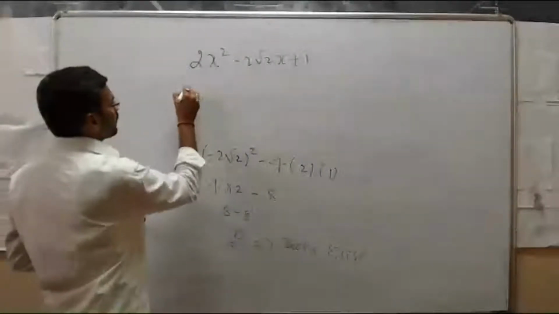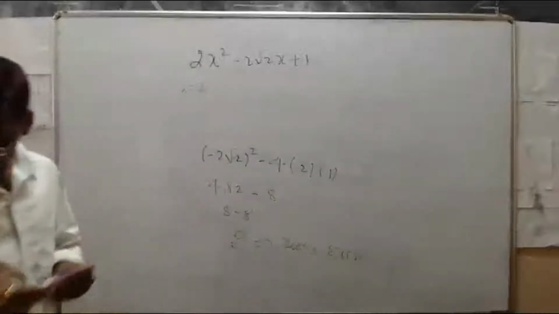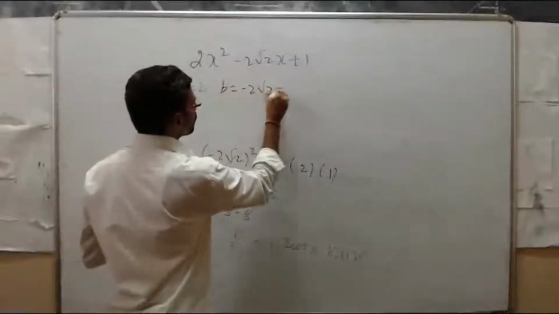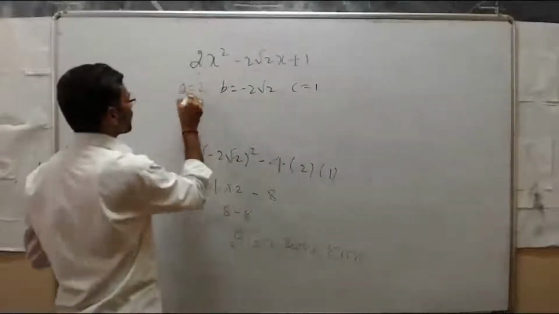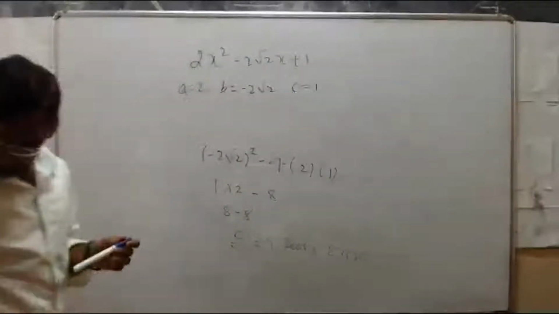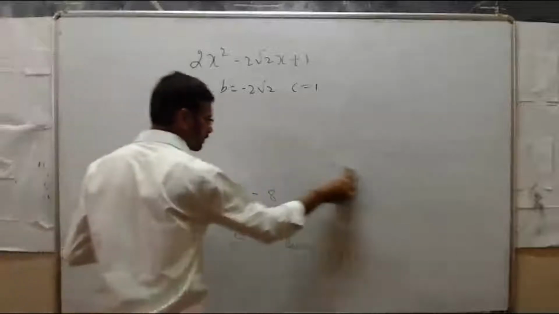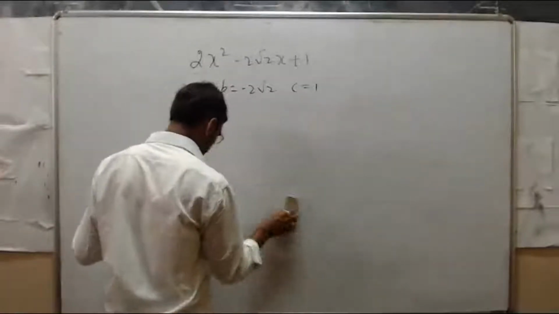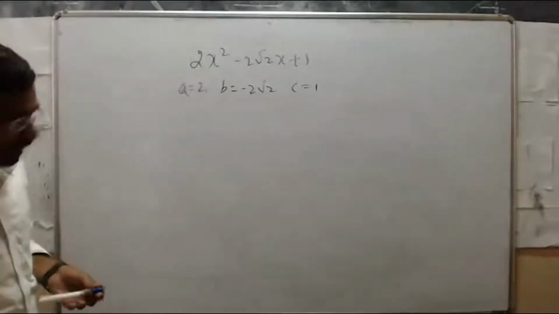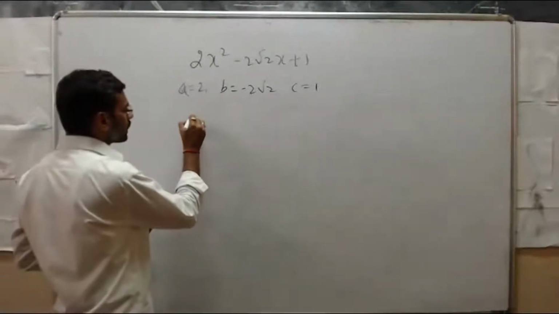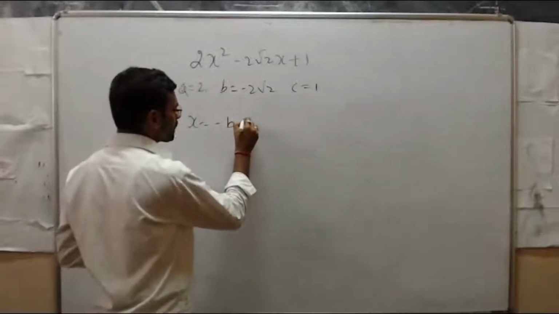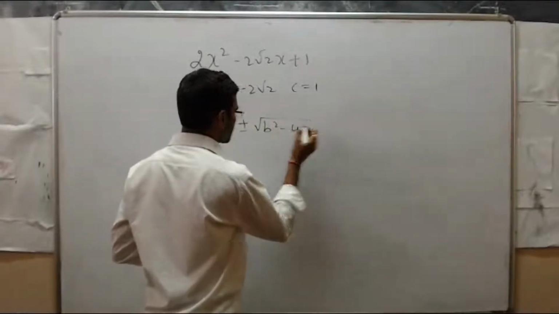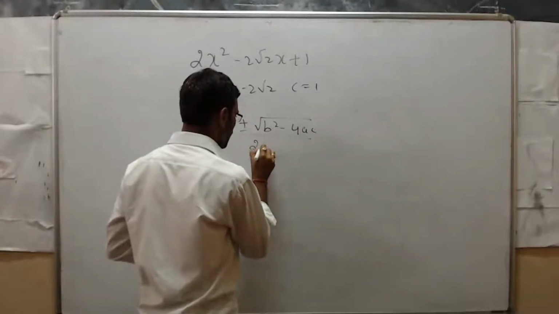A value is 2, b value is minus 2 root 2, c value is 1. X is equal to minus b plus or minus under root b square minus 4ac, divided by 2a.